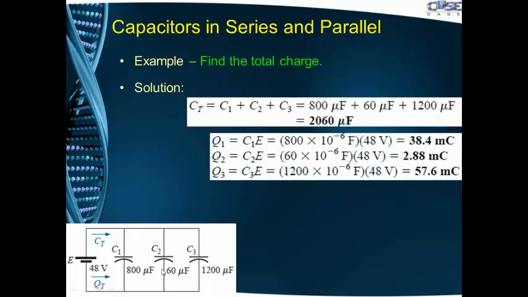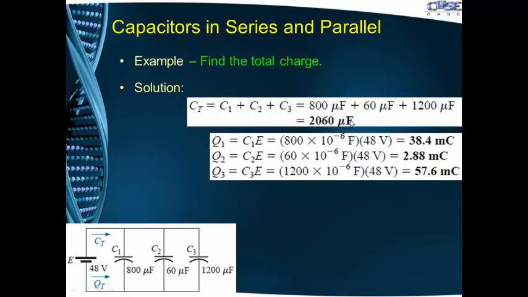Next is the example in which there is a parallel combination of these capacitors, and you are asked to find the total charge QT. For that we can first find the total capacitance. The total capacitance would be the sum of all these capacitors, that is 800 plus 60 plus 1200 microfarad. Adding all these, we get 2060 microfarad.